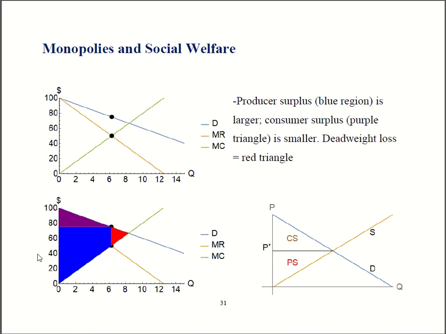Now, from the perspective of society, the expansion of producer surplus is not large enough to offset the loss in consumer surplus. So we have this red triangle here that is now no longer part of anybody's surplus.